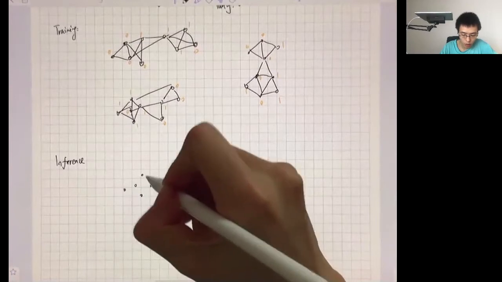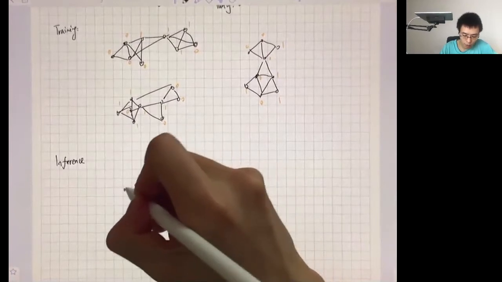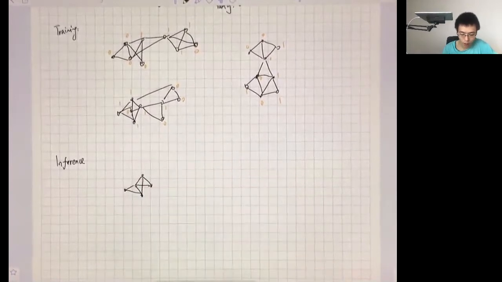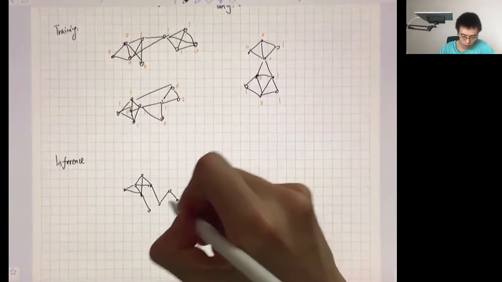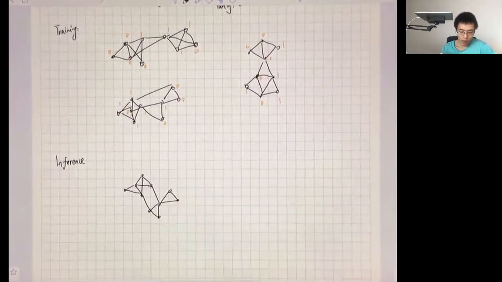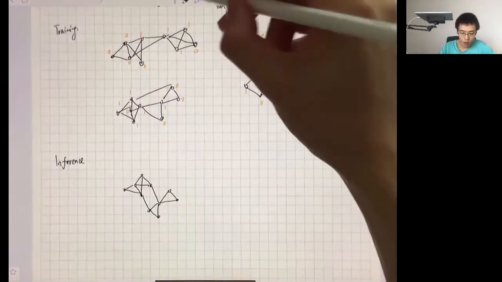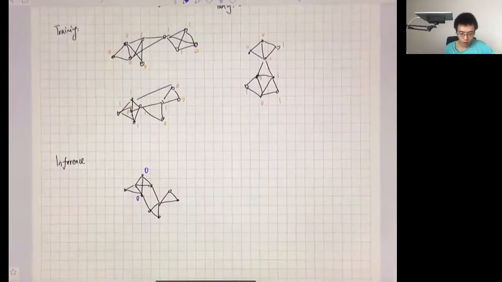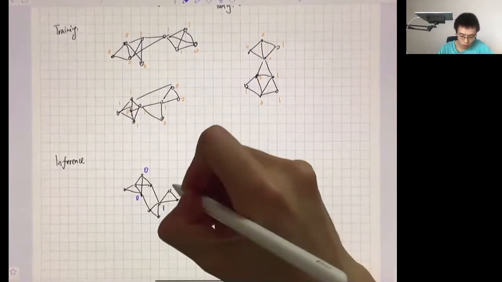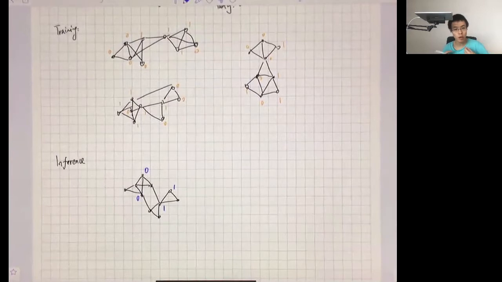Maybe I go to a different community and people are connected in a different way, maybe something like this. And I happen to know that some of them, this is 0 and this is also 0. These two people support the 0th party, and these two people support the first party, party 1.